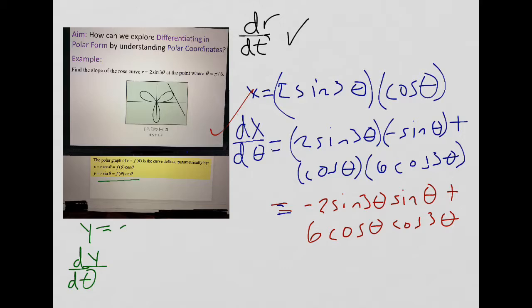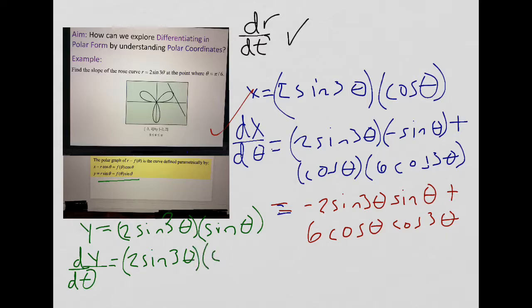If r is 2 sine of 3 theta, and we know y is equal to r sine of theta, then we're multiplying these two. So once again, we need product rule. Don't forget, first times the derivative of the second plus second times the derivative of the first. Let's keep it as one long answer here.